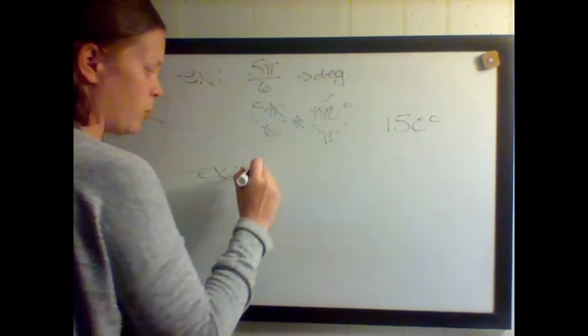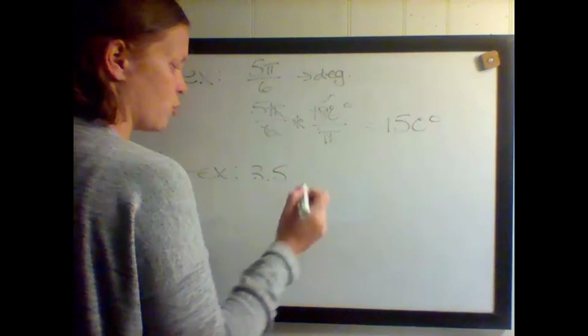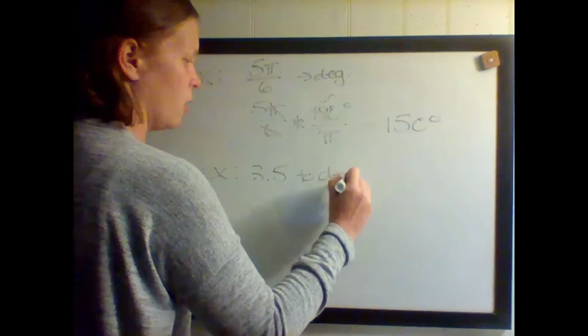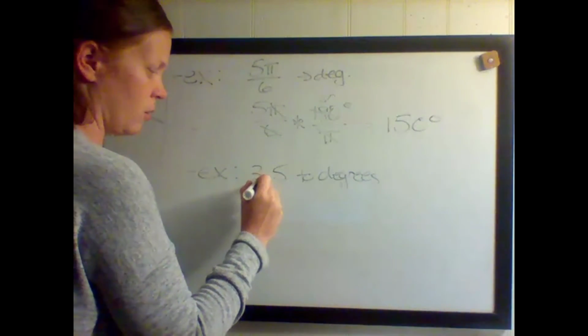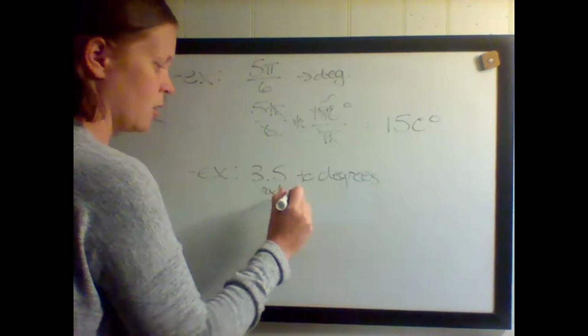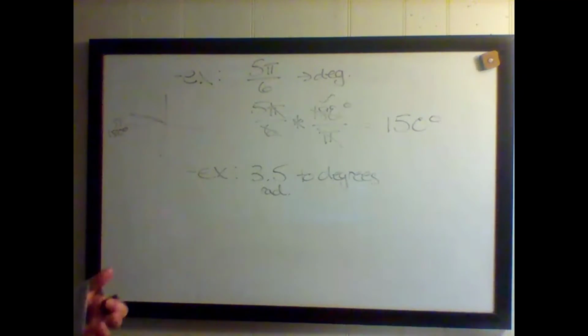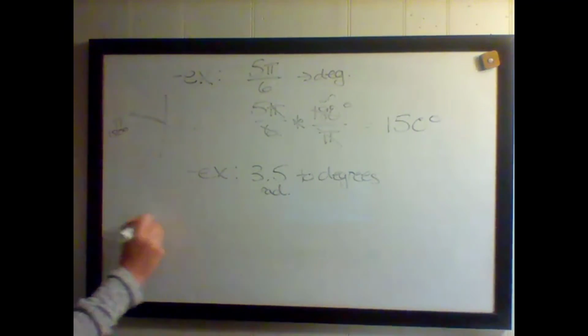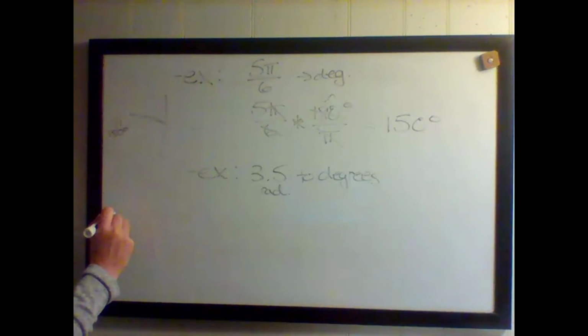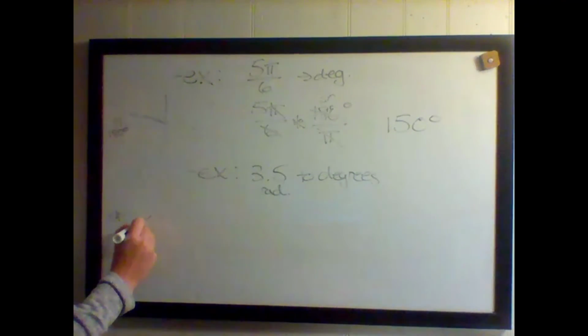Okay, how about 3.5 radians? Just 3.5 to degrees. Notice, it's just 3.5. There's no unit. Like I said, sometimes you might say radians or see RAD, but this is just a number. So this is saying around the circle, this was 3.14, so it should just be a little over 180.